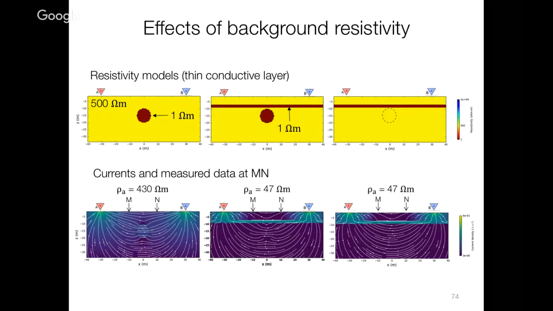So I put a conductor in, and you're correct, it goes through the conductor and right down into here. So, yeah, and now you get a low apparent resistivity because you just have this conductor here.